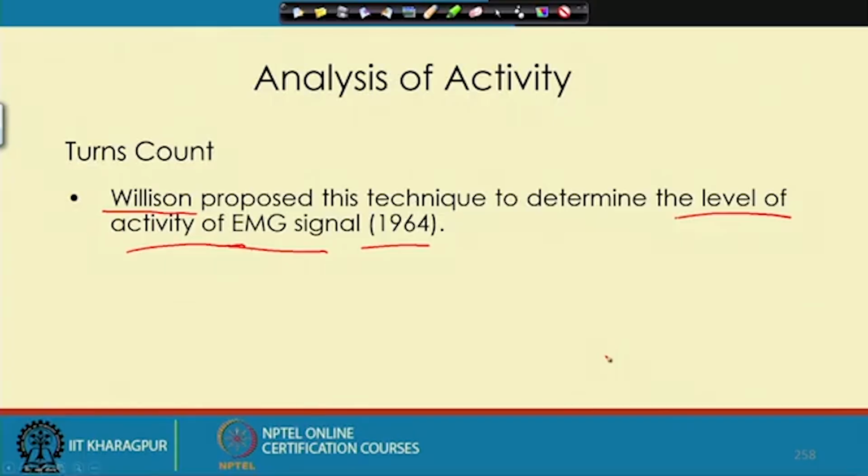If the muscles are weak, then we need to engage them again and again, so the EMG signal strength will increase and that gives rise to a higher turns count. In fact, if you look carefully, this turns count is very much related to the zero crossing rate.